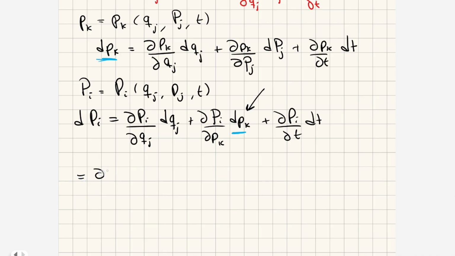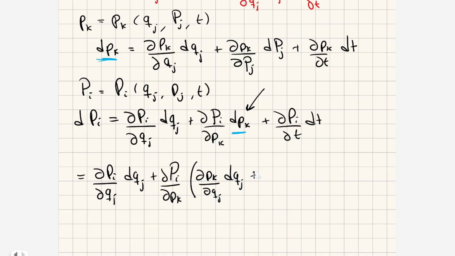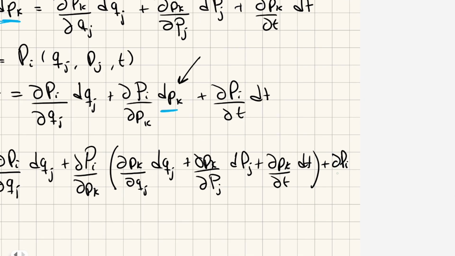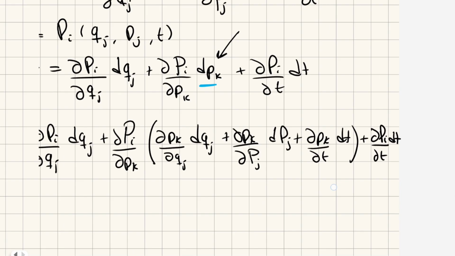So we will get that this is the partial of Pi with respect to qj dqj, plus the partial of Pi with respect to pk, times, let's say, the derivative of pk with respect to qj dqj, plus the partial of pk with respect to pj dpj, plus the partial of pk with respect to time dt, and then plus the partial of capital Pi with respect to time dt, right?